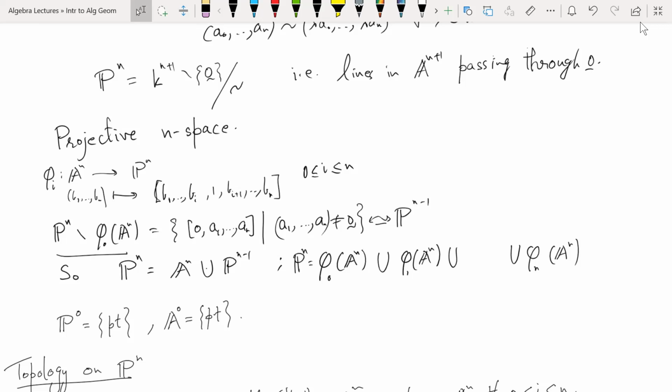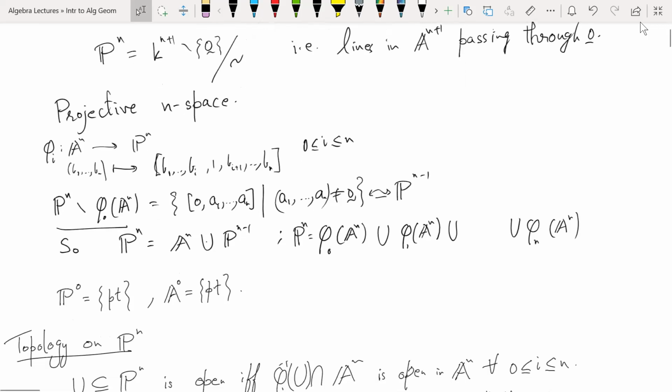They need not be disjoint, but their union is going to be the whole of P^n. And by convention, P^0 is a point, and of course A^0 is also a point.